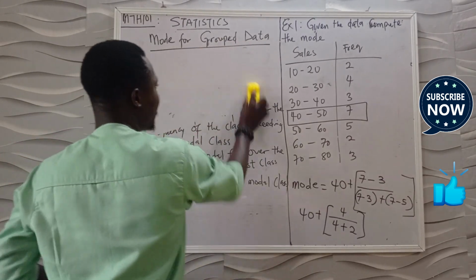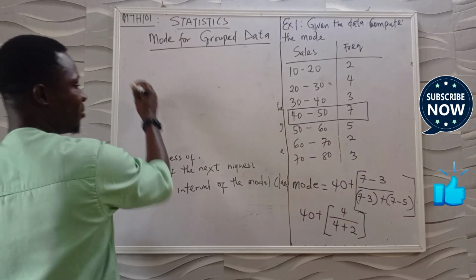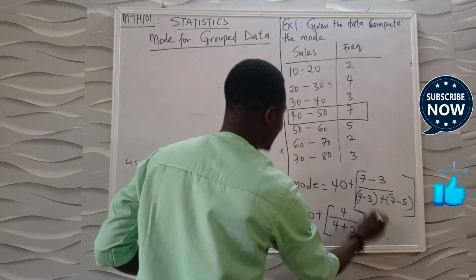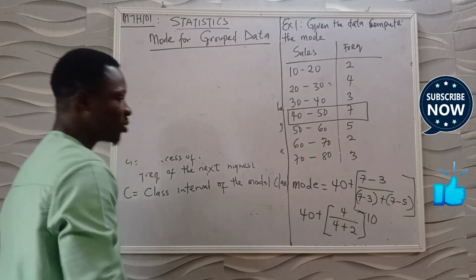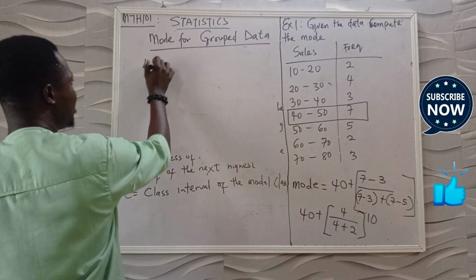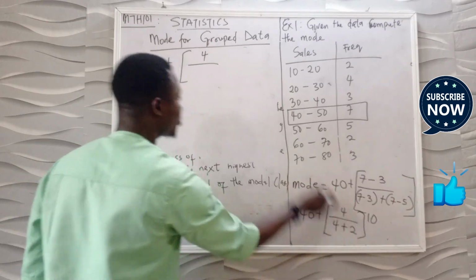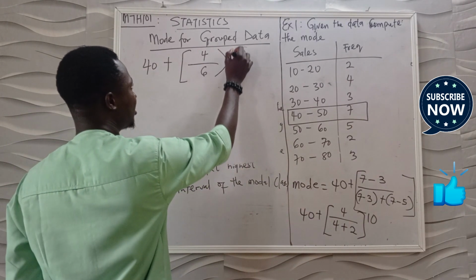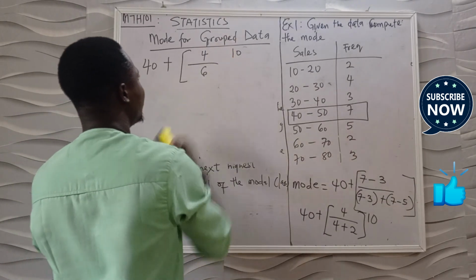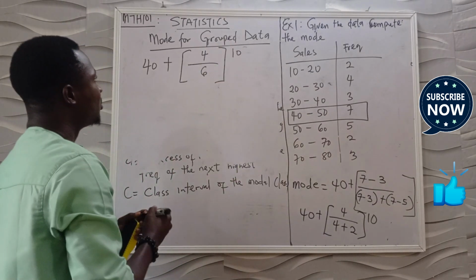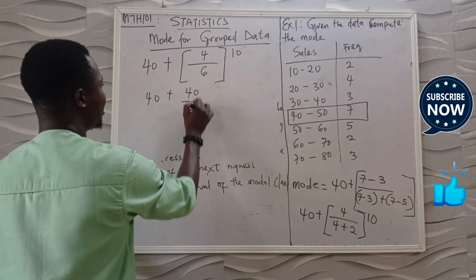Remember we have C. What is C? C is the class interval, which is 10, since 50 minus 40 gives us 10. So we are left with 40 plus 4 over 4 plus 2, that's 6, times 10.